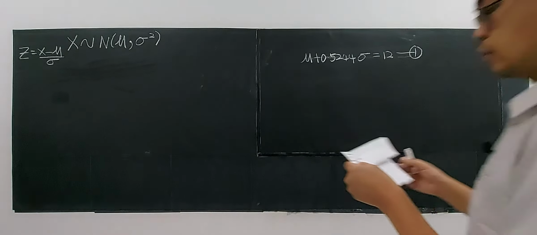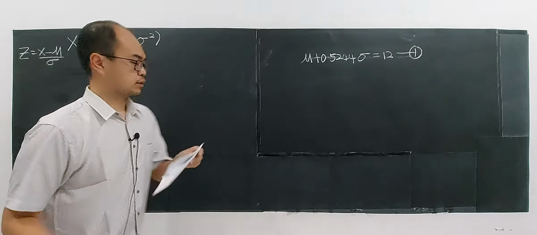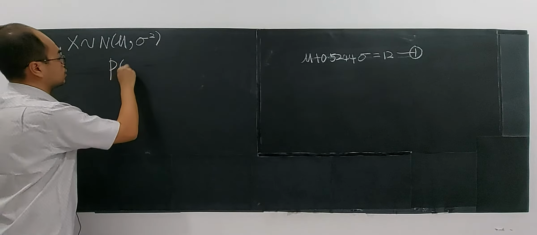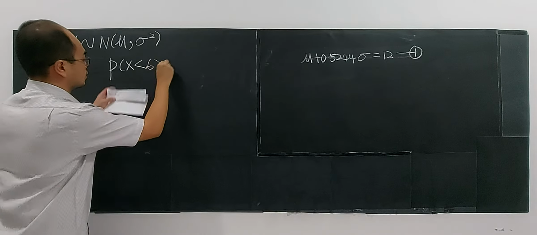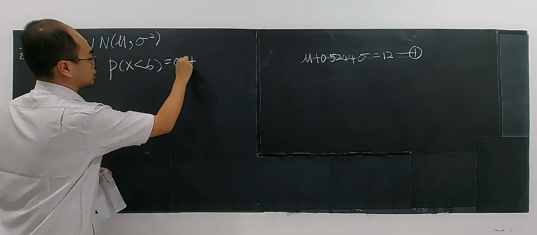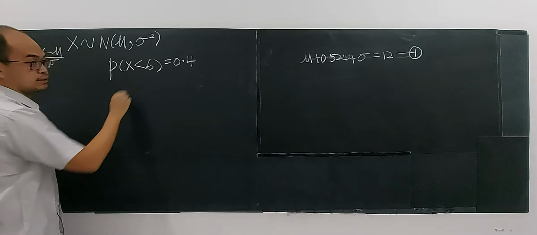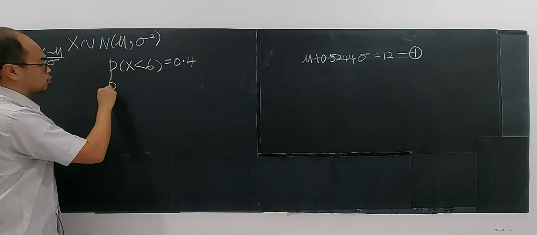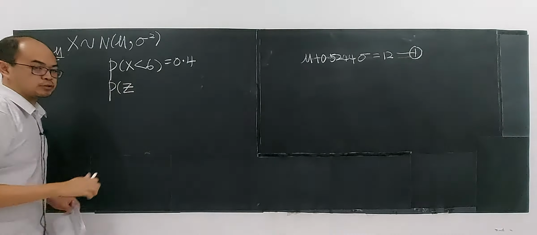Let's look at the next information. The next information is the probability of X less than 6, which is 0.4. It's less than, so we have to standardize the score if we use the normal distribution table.